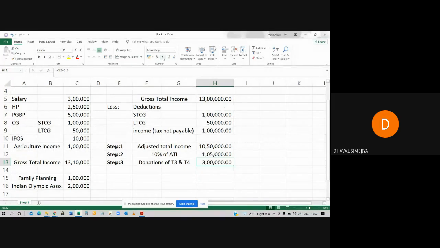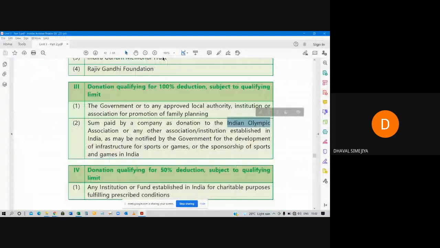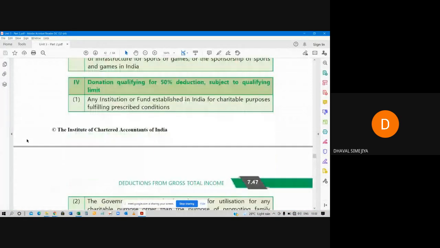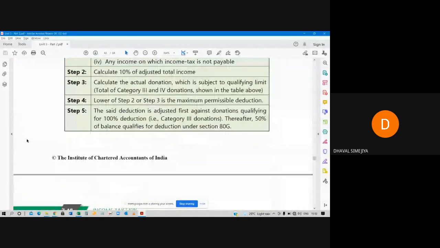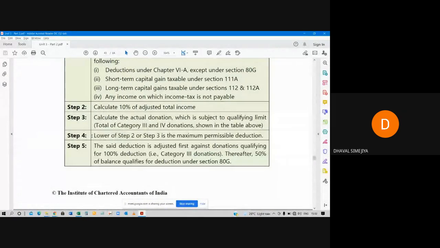So table 3, step 3 is completed. Steps 1, 2, 3 complete. Now, the fourth step: lower of step 2 and step 3 is the maximum permissible deduction.